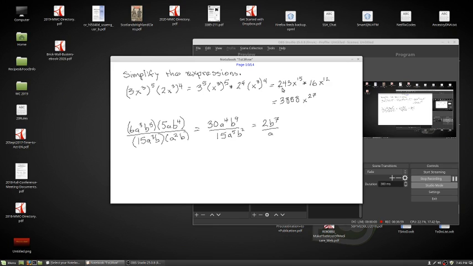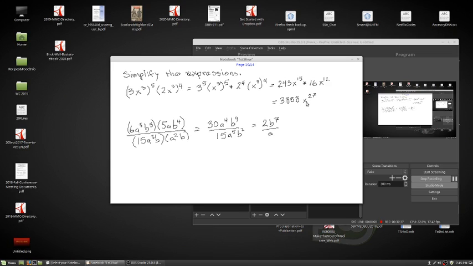3 to the 5th power is 243. x cubed to the 5th power, we multiply the two exponents and we get x to the 15th. Okay. 2 to the 4th is 16. And then x cubed to the 4th, we again multiply the exponents and we get x to the 12th. 243 times 16 is 3,888.